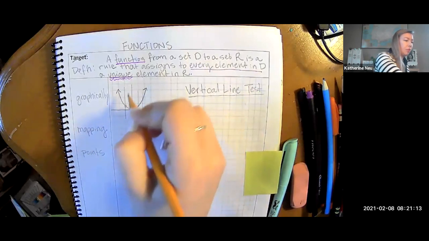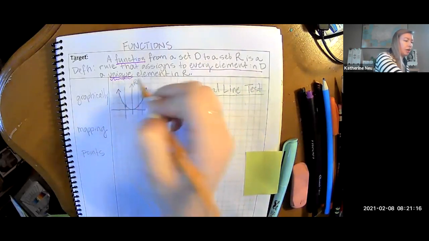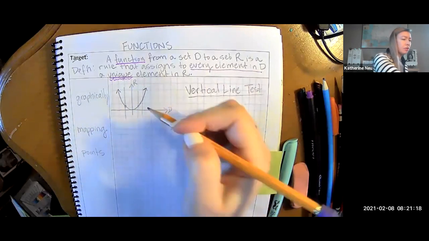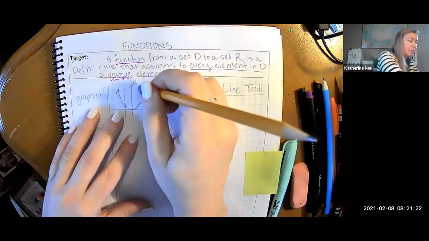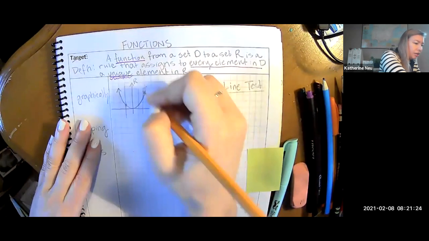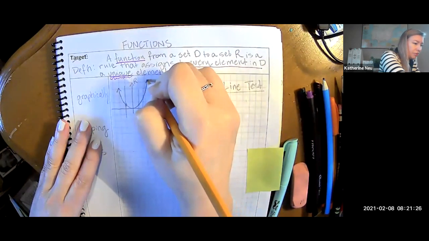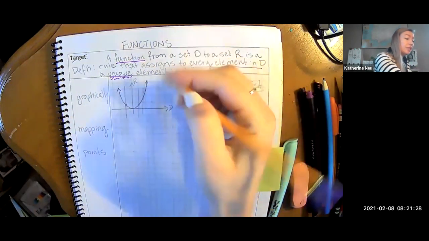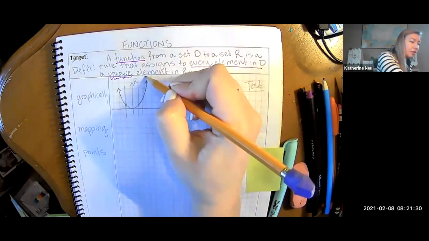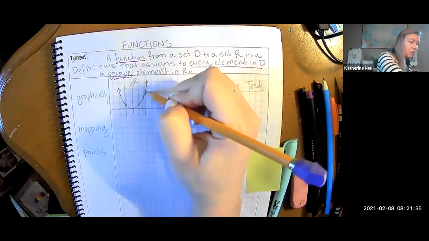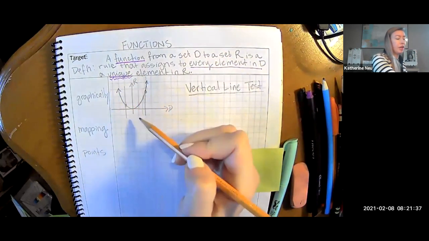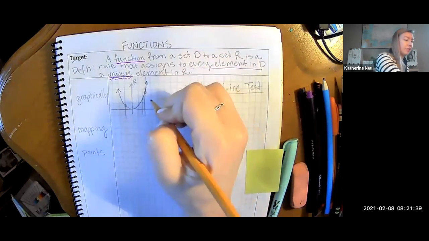It maps to only one point in R up here. So right here, it starts to come up pretty high, right? The slope gets really steep, but still, even as steep as it's going to get, it's still always only going to hit one point on this graph. So therefore, that is a function.